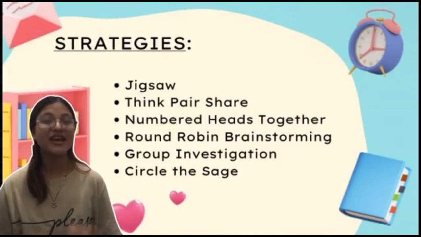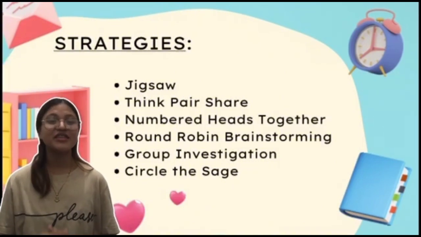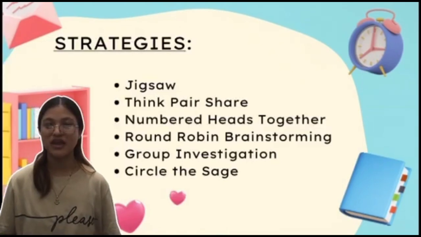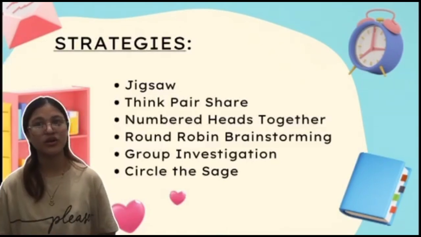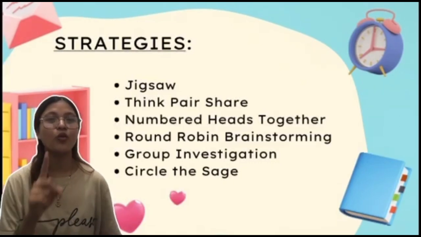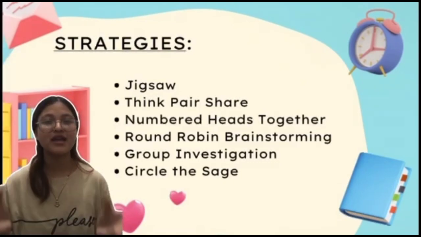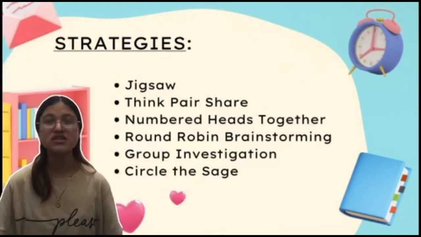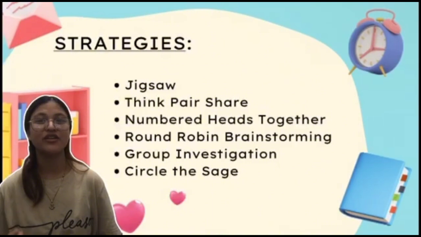Then the next strategy is numbered heads together. It is a strategy where students are divided into small groups. Each member has an assigned number, 1, 2, 3, 4, depending on the size. Then, when the question is posed, they discuss it together as a group.